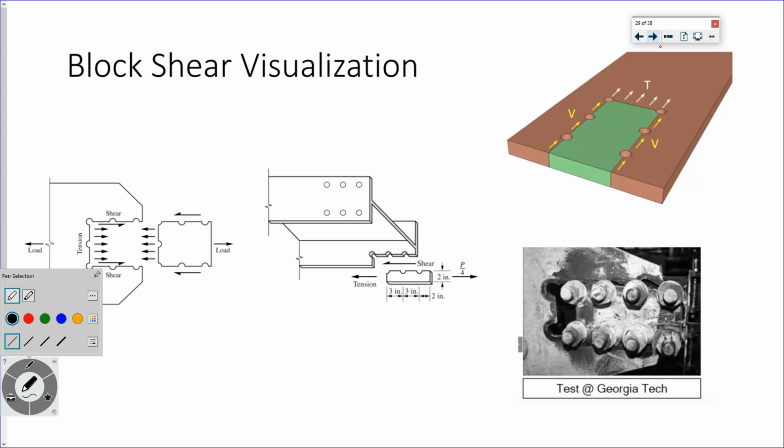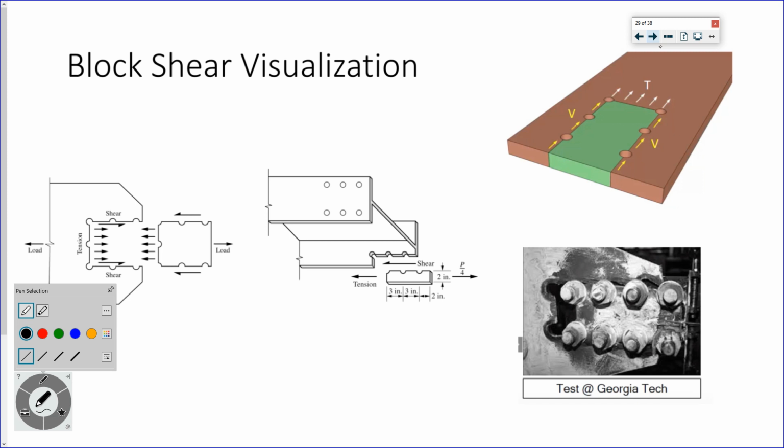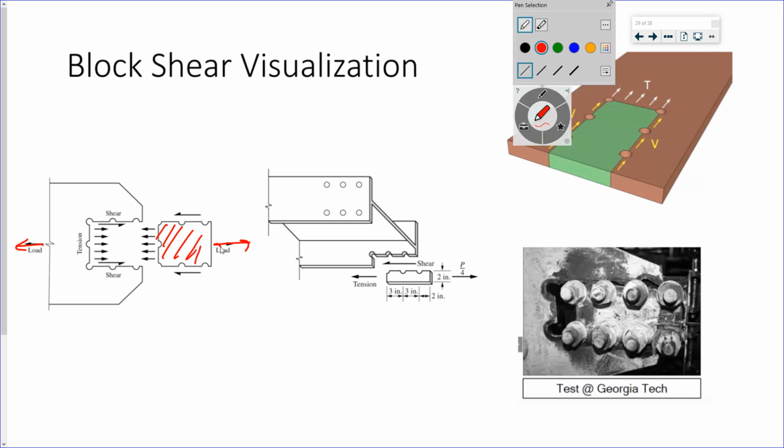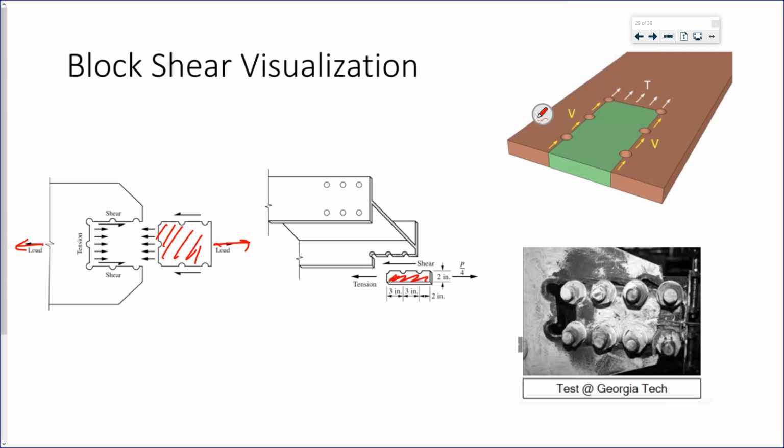If your plate is bolted onto something and you apply a tensile load and a portion of the plate tears out, maybe the flange of an I-beam tears out, this little block tears out.